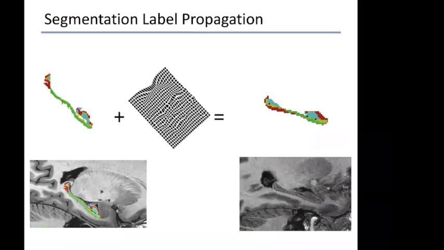ANTS has a very elegant cortical thickness tool. I guess the research standard for nonlinear registration and segmentation is mostly the ANTS tool package right now, although there are certainly other very good tools out there.